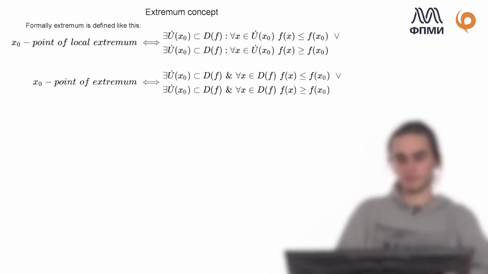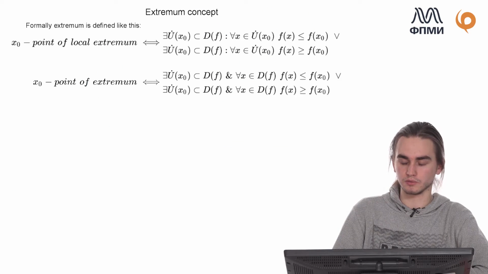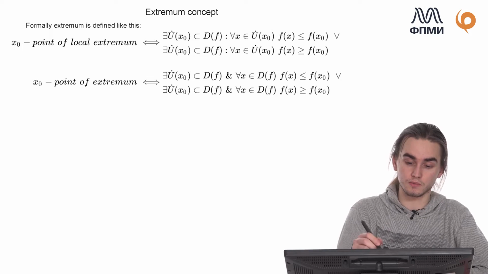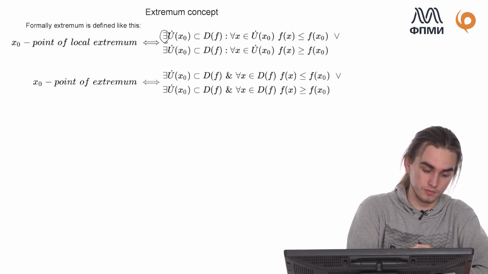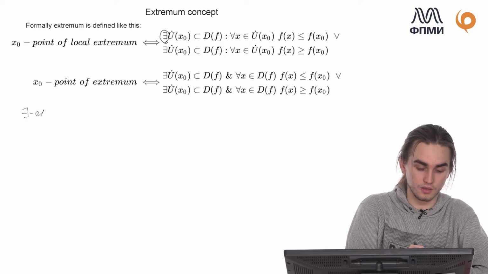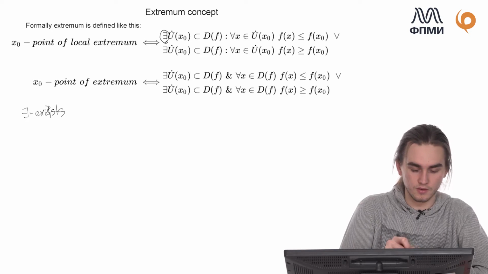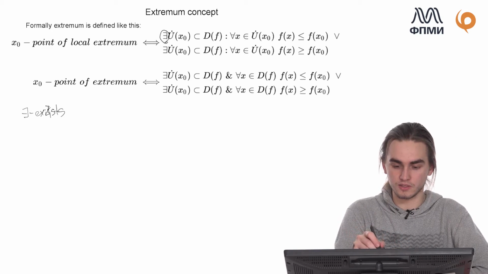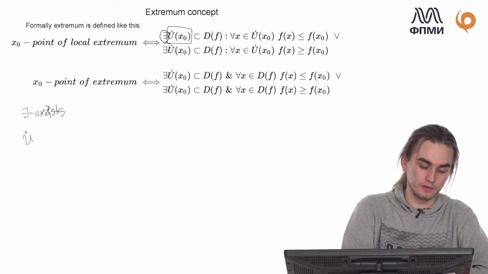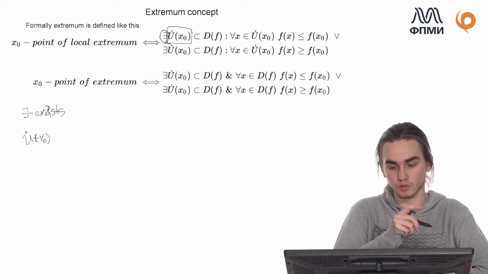So here is some scary math, but do not let it scare you, because it's quite simple. You just need to know how to read it. So the first symbol here, the reversed E, can be read as exists. Exists. And what exists is an area around x sub 0, but which does not contain x sub 0.